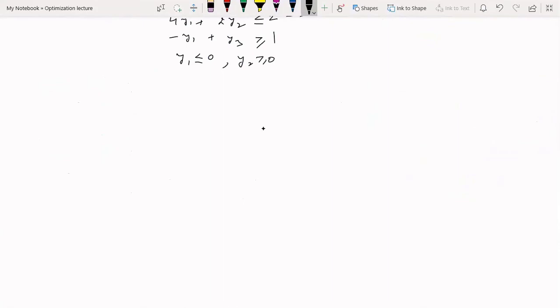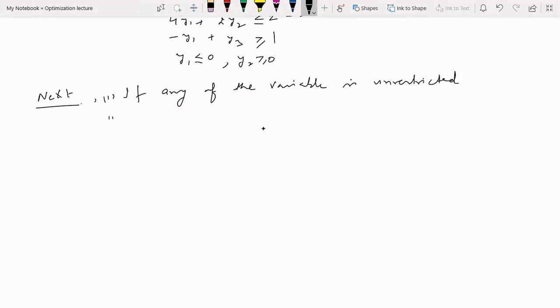Okay, so next, if any of the variables is unrestricted, or secondly, if there is an equality sign in the constraints.